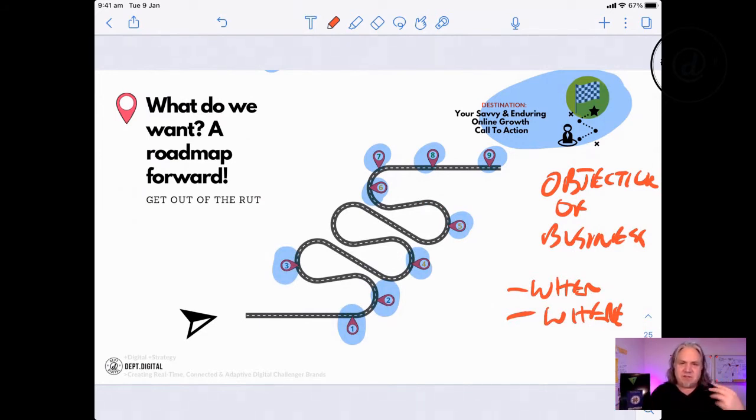And one of the simplest things of a GPS is you don't necessarily use it all the time, right? Once you've gone to your destination, you've entered in the details, you programmed your GPS or picked an address or whatever the case may be, you don't necessarily need to program it and plug it in every single time. And that's the good thing about business as well. Once you have a better understanding of the journey that you're going to be taking, you don't need to specifically program it.